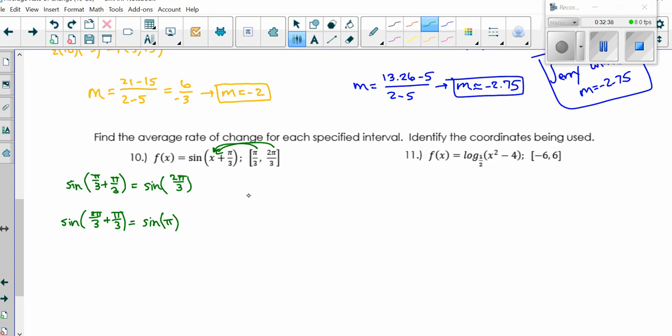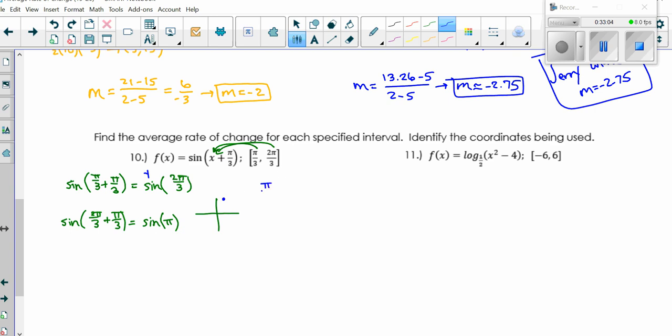Okay, so if we draw out our unit circle, 2 pi over 3, remember 3 means that it's talking about 60 degrees, and I want 2 of them. So 60 degrees would be here. Okay, so right here, this is talking about a y value. So right here, my height is root 3 over 2.